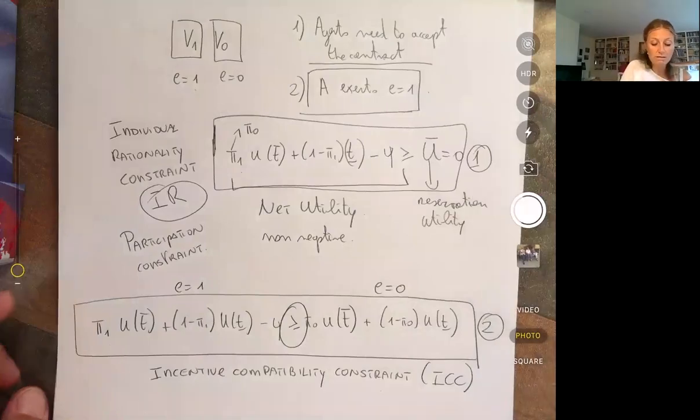So the only constraint that I need to consider in the case of symmetric information, perfectly symmetric information, is that the agent is willing to work for me, is willing to accept my offer. When does that happen?